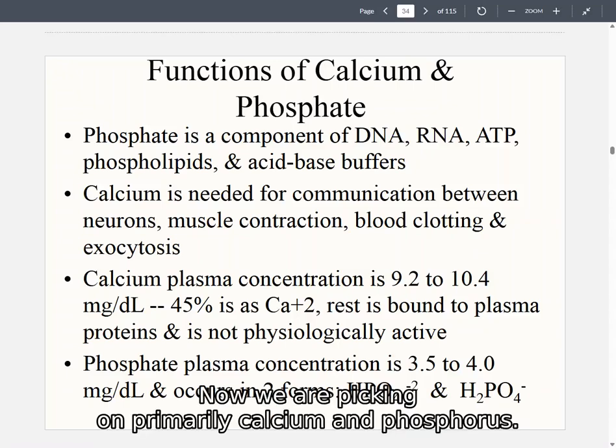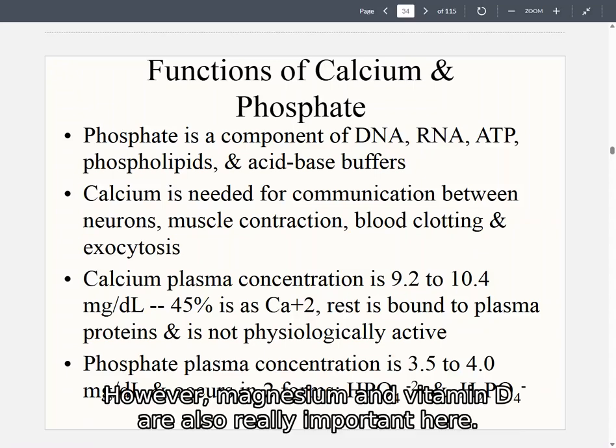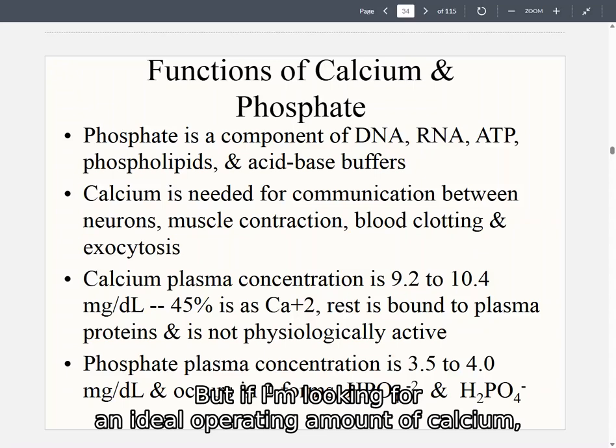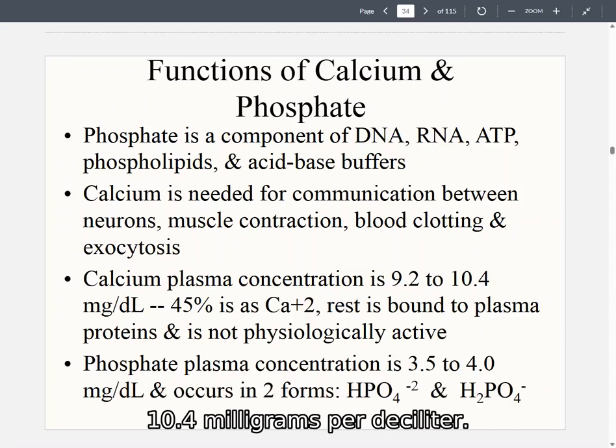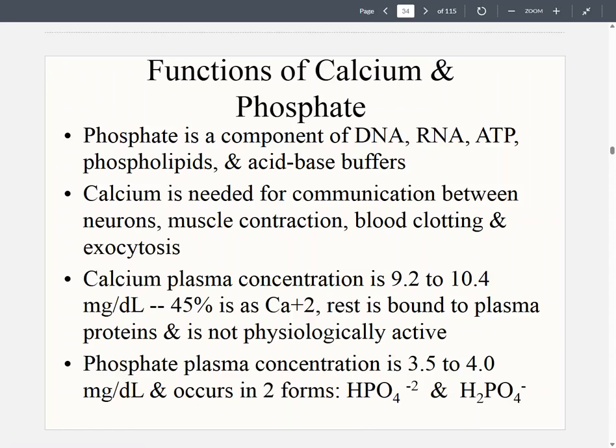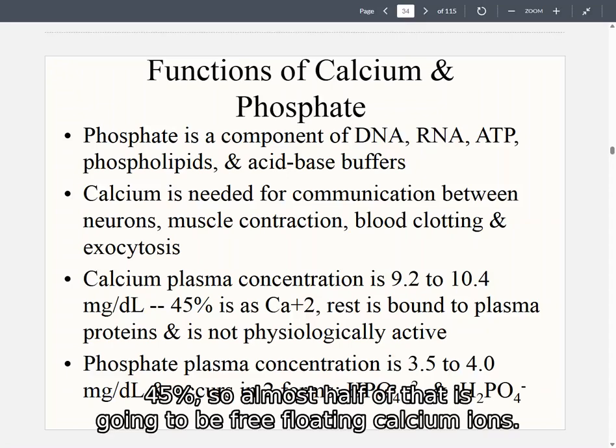Now, we are picking on primarily calcium and phosphorus. However, magnesium and vitamin D are also really important here. But if I'm looking for an ideal operating amount of calcium, I'm looking to have a blood plasma concentration of 9.2 to 10.4 milligrams per deciliter. 45%, so almost half of that, is going to be free-floating calcium ions.